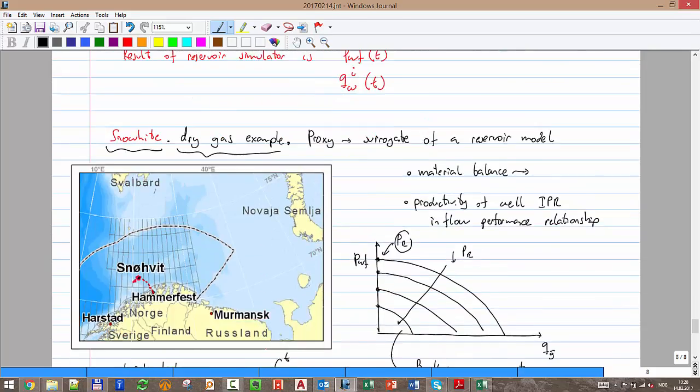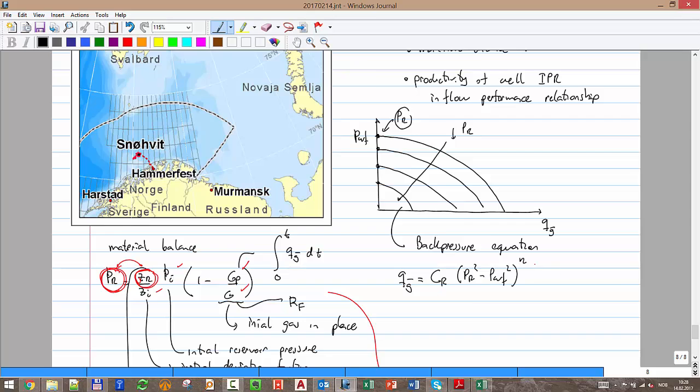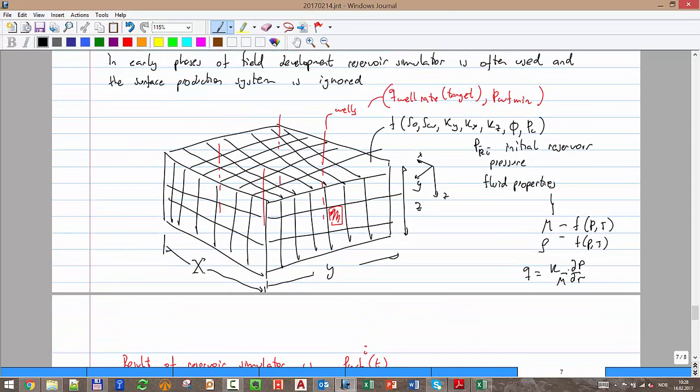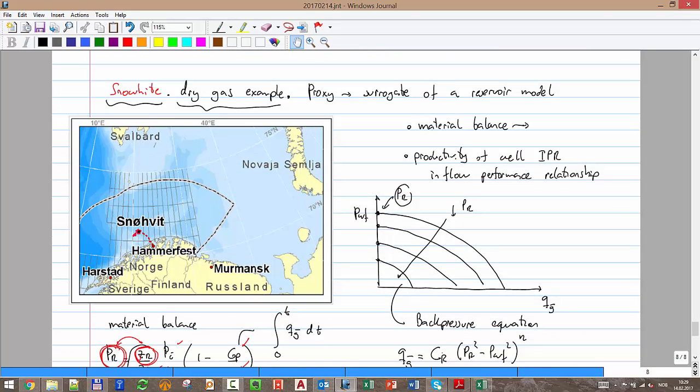But then on the side of the well, this C and N are capturing all of these parameters. They are capturing the permeability, the fluid properties, the saturation. All of that is introduced somehow into this C and N.